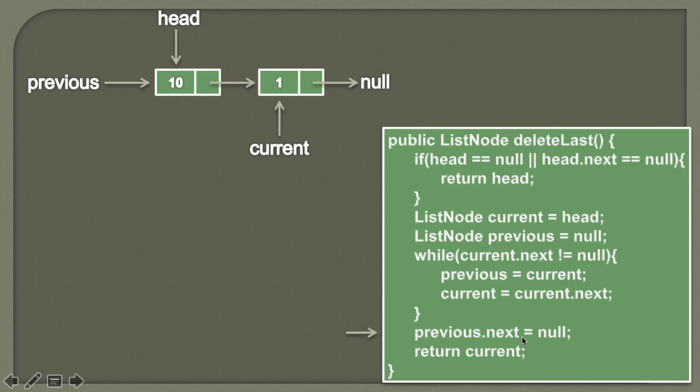And now we'll simply assign null value to previous.next because we want to break this link so that this node can be freed up. So it would look something like this. That null is assigned to previous.next. Finally, we return current.